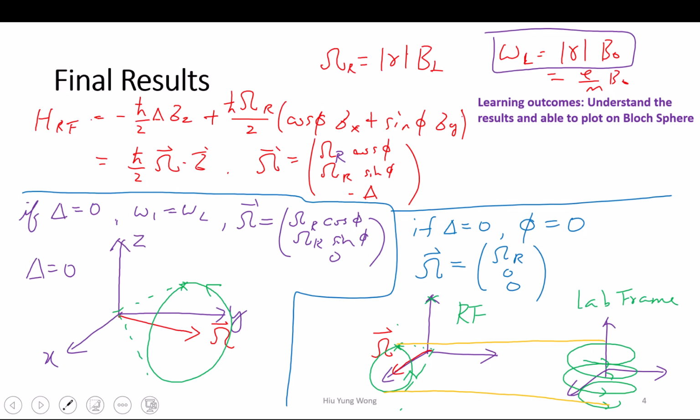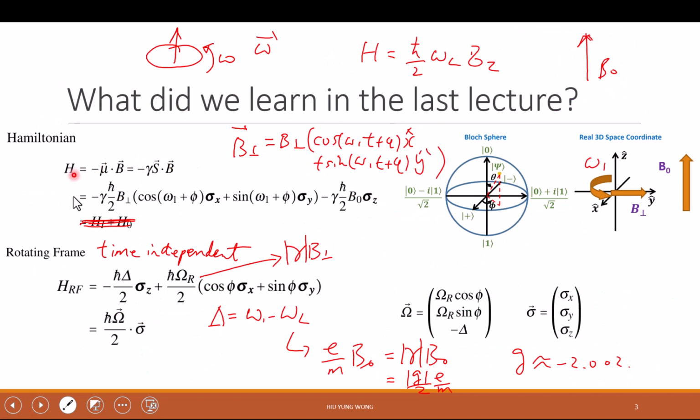Is that lab frame in a single dimension? Left thing is what? It's still 3-dimension. It's still talking about the Bloch sphere. But the rotating frame, remember what we said is that we try to convert our Hamiltonian to the rotating frame, which means that we follow the rotation of this magnetic field.